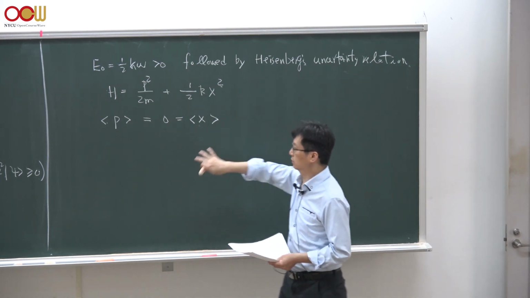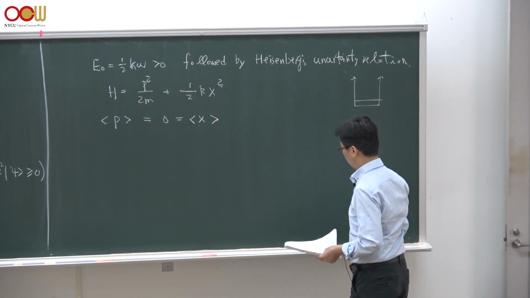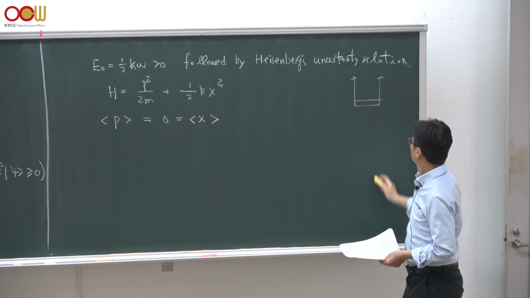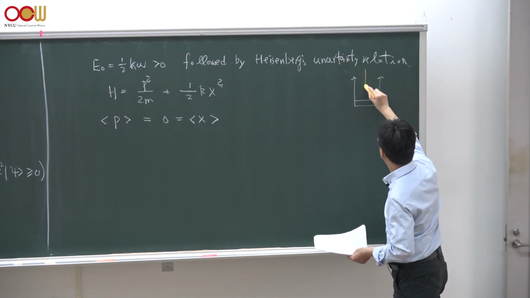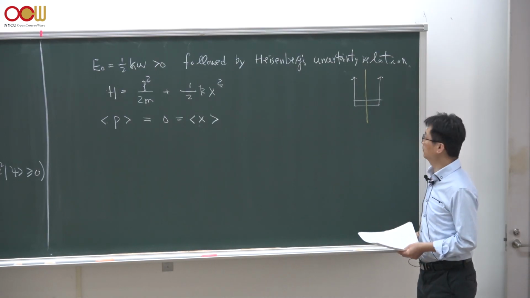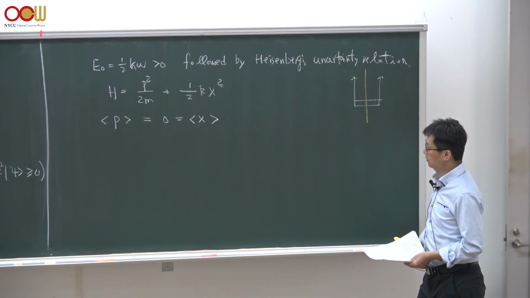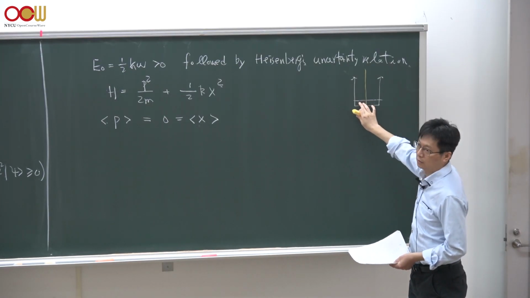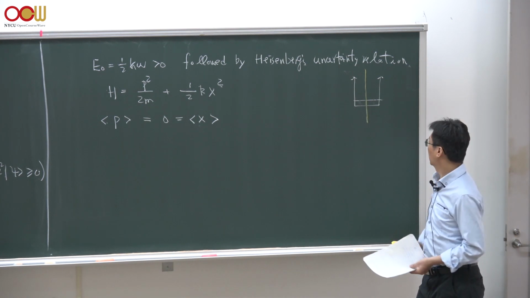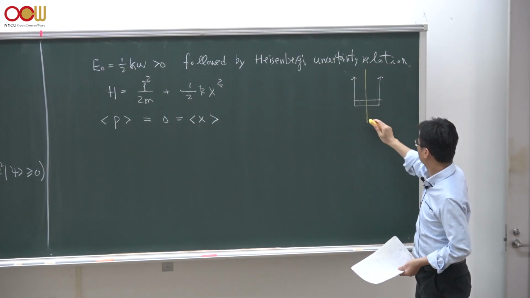Just like the ground state of the infinite potential well, you know very well that we have argued already that you have a 50% chance that you find this particle on the right side of this well, and another 50% chance that you find this particle located on the left side of the well. So you take the average, and the average position when the particle is at the ground state is actually 0.